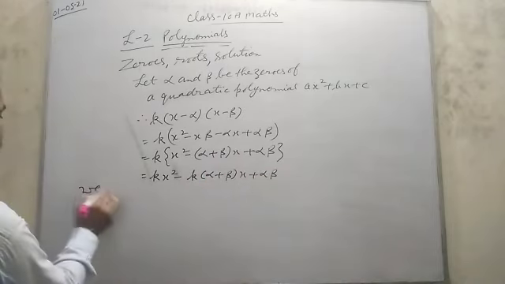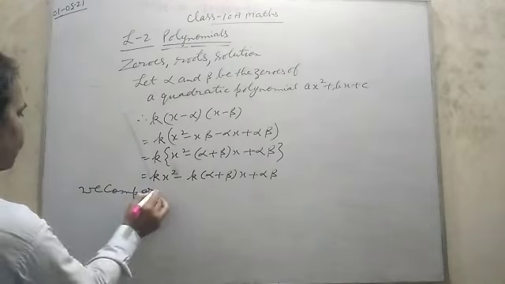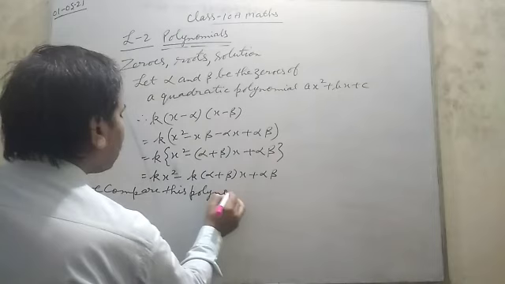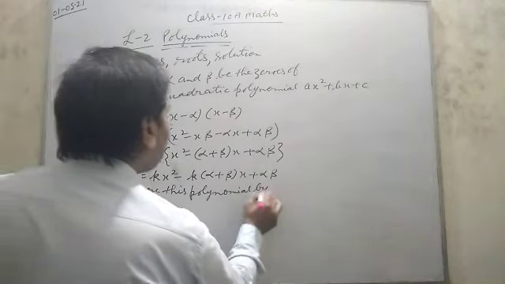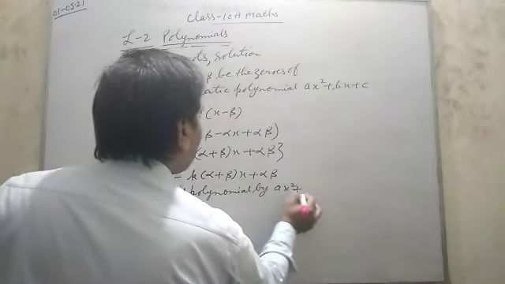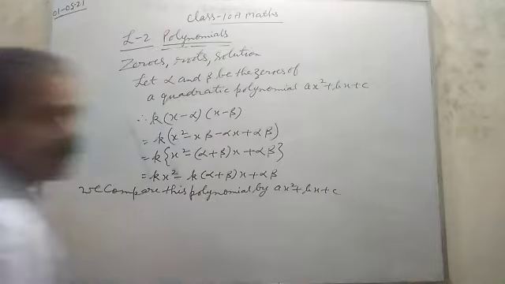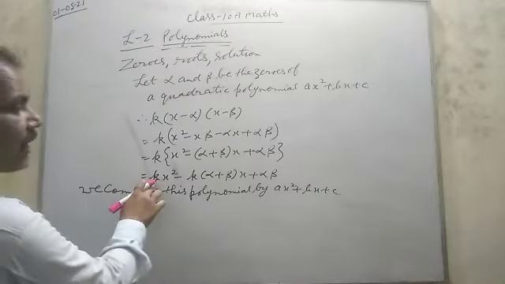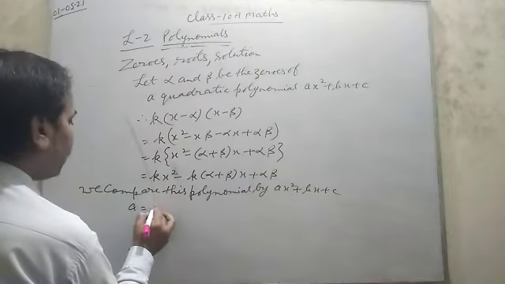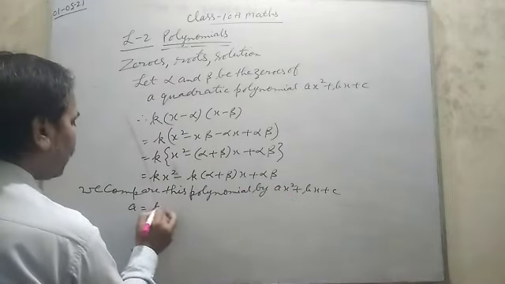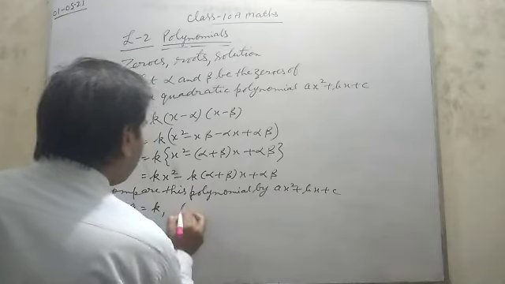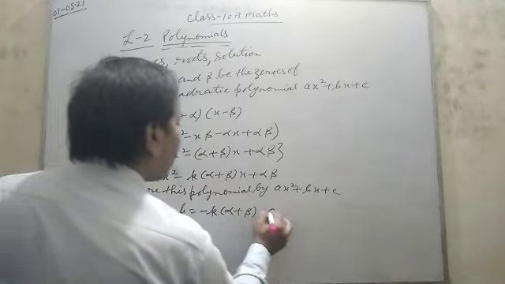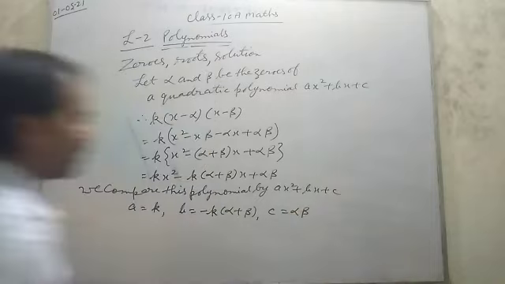Right here we compare this polynomial with ax square plus bx plus c, and we get a equal to k, since the x square coefficient is k on one side and a on the other. Then b is equal to minus k times alpha plus beta, and c is equal to k alpha beta.